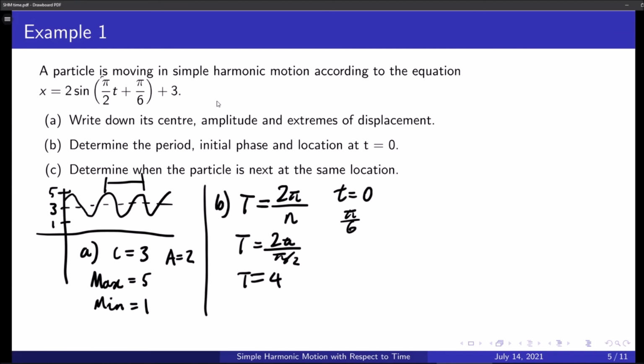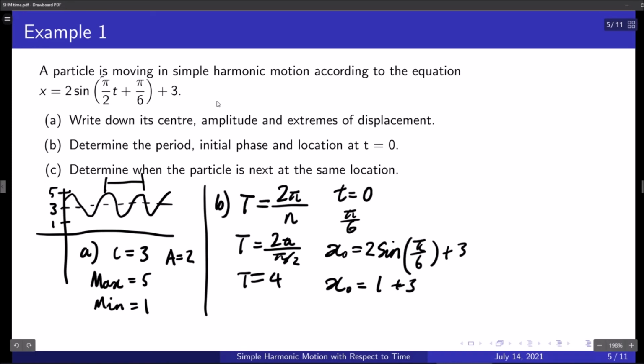And for the location at t equals 0, the initial position x0 equals 2 sine, of course this whole thing collapses, pi on 6, plus 3. Pi on 6 is 30 degrees, that's a half, so 2 times a half equals 1, plus 3 equals 4. So that gives us the initial location.